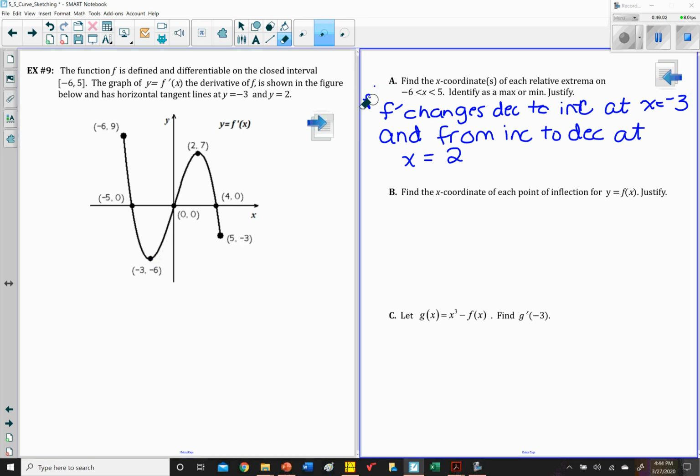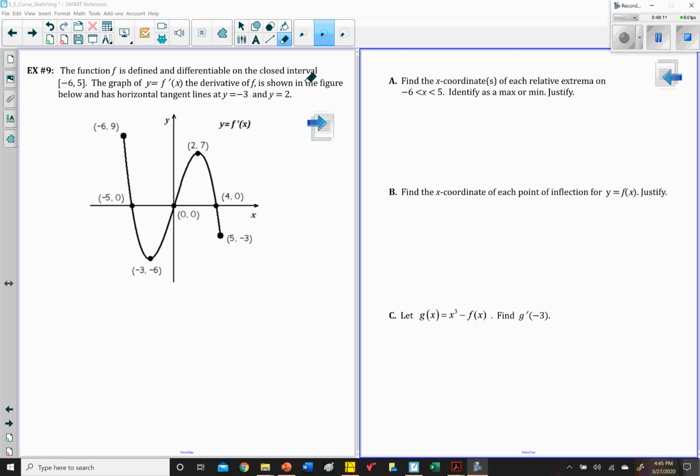Then, oh no, I'm reading B. I messed that up. Hold on a minute. Back that up. Erase that. I was answering part B and part A. We want relative extrema. That's a maximum.